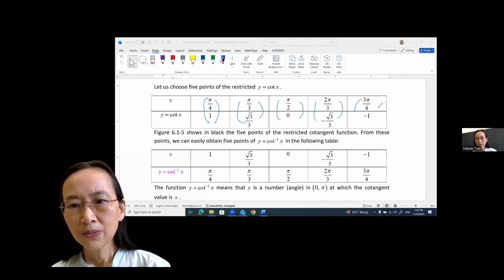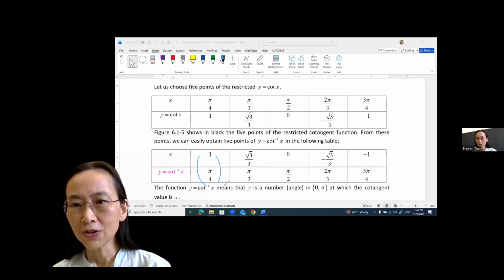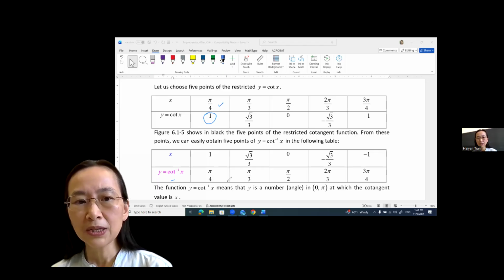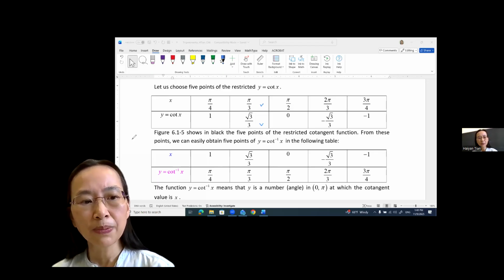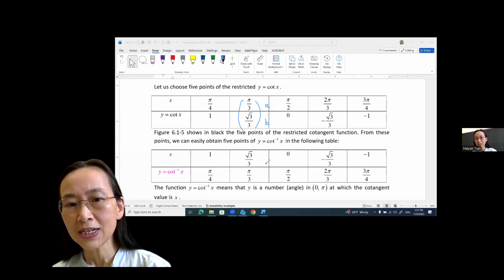Then we know that we can find 5 ordered pairs for the inverse cotangent curve. For the inverse function, when the input is 1, the function value has to be pi over 4. And for the inverse, when the given value is square root of 3 over 3, the value has to be pi over 3. Same reason: whenever you have a point (a, b) on the function, then (b, a) must be on the inverse.